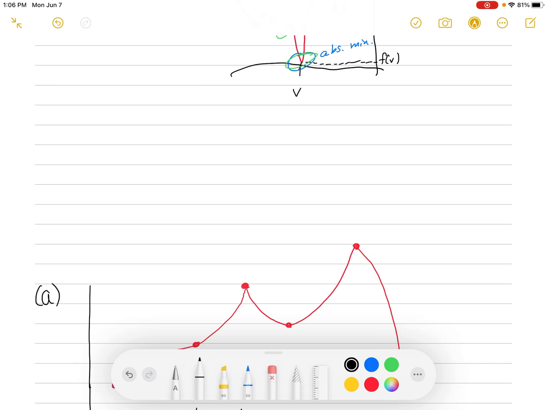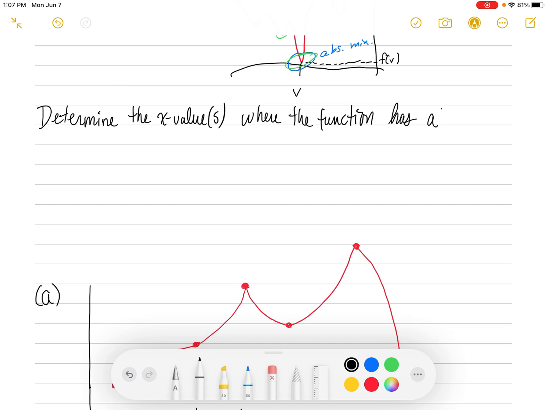Okay, so we want to do some examples. We're going to go to some graphs that we've already seen, but the instructions are going to be different than earlier. Here we're going to identify local maxes and local mins, absolute maxes and absolute mins. So to determine the x values where the function has a local maximum: number 1, first find any local maximums.